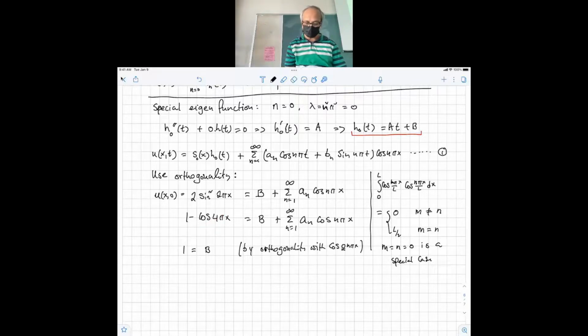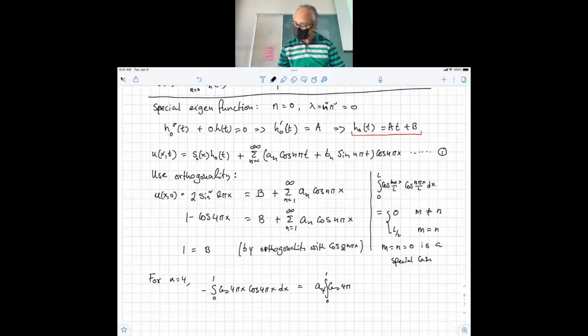So on the left hand side, we will have, for n equals 4, negative integral from 0 to 1, what is my interval, 0 to 1, of cos 4 pi x, cos 4 pi x dx equals, on the right hand side, a4 cos 4 pi x cos 4 pi x, right?